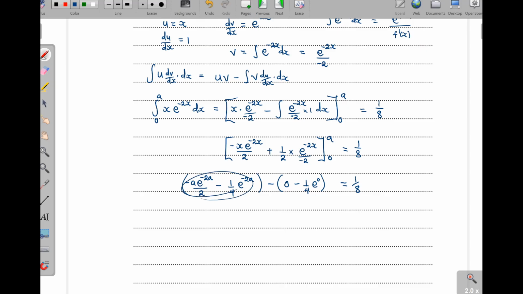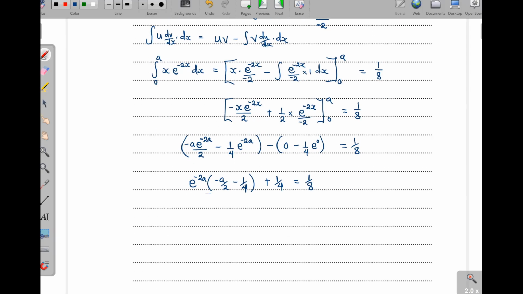Now from here, what is common? It is e to the power of negative 2a. Then I will have negative a out of 2, minus 1 out of 4, and here we shall have a quarter, because this is a 1, then equal to 1 over 8.